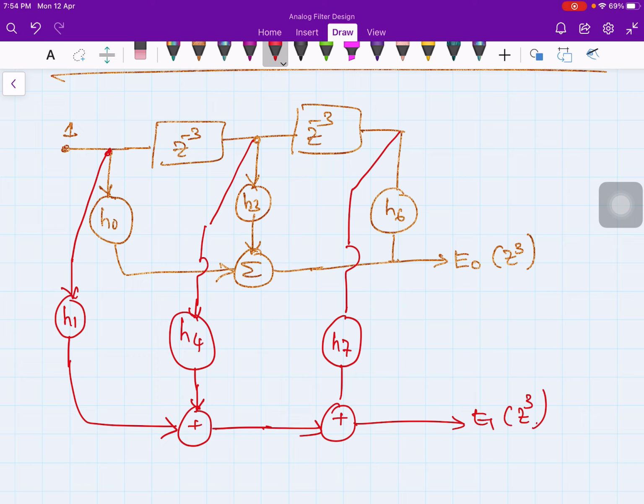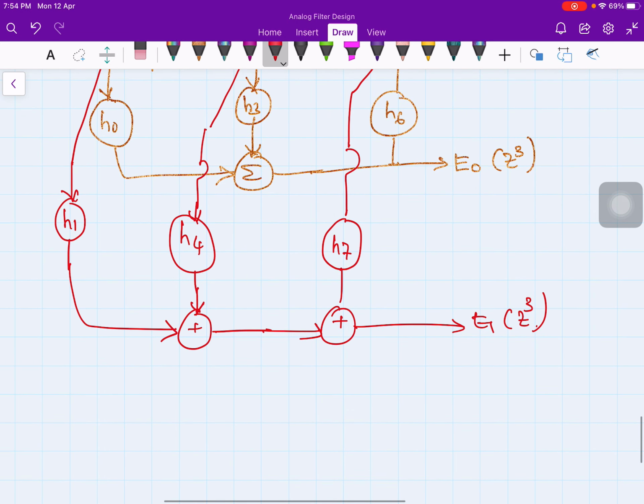Is that correct? Okay, fine. This is E1(z^3).